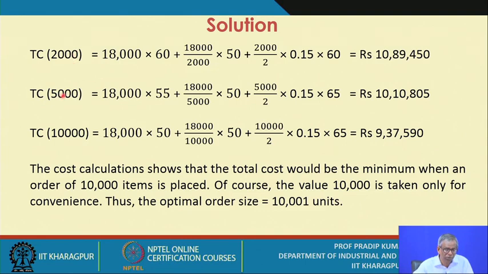You calculate the total cost for 2000, 5000 and 10,000. These are the values, and the cost calculation shows that the total cost would be the minimum when an order of 10,000 items is placed. Of course, the value of 10,000 is taken only for convenience, thus the optimal order size is 10,001 units.